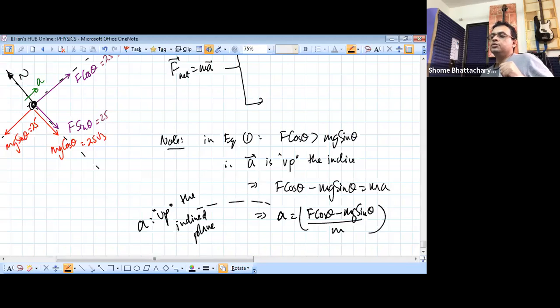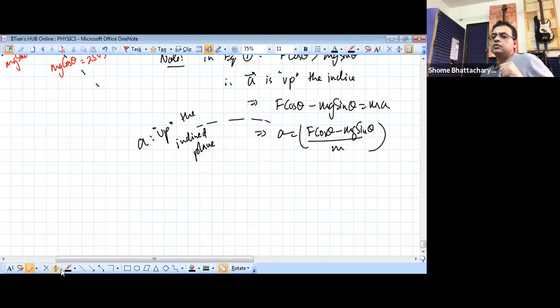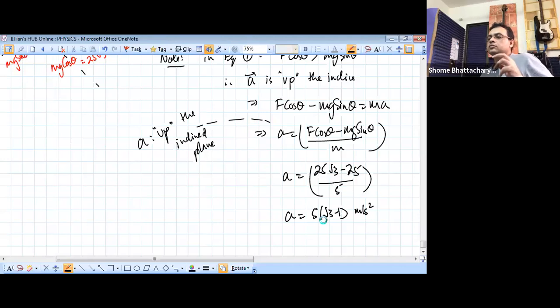So when you substitute this, you'll see that we get a as 25 root 3 minus 25 by 5. My mistake, it was not by 5, it was 5 into root 3 minus 1 meters per second square, or approximately 0.73, approximately 2.25 meters per second square.